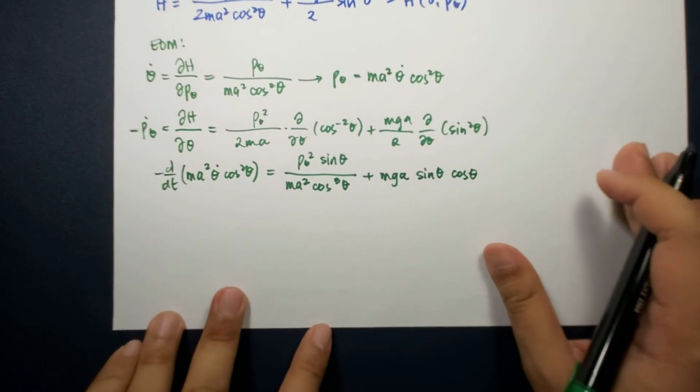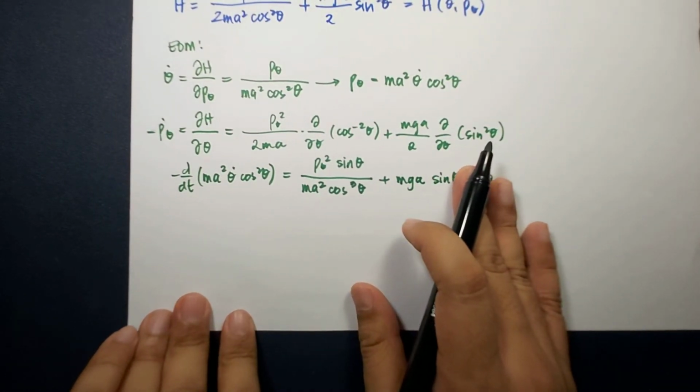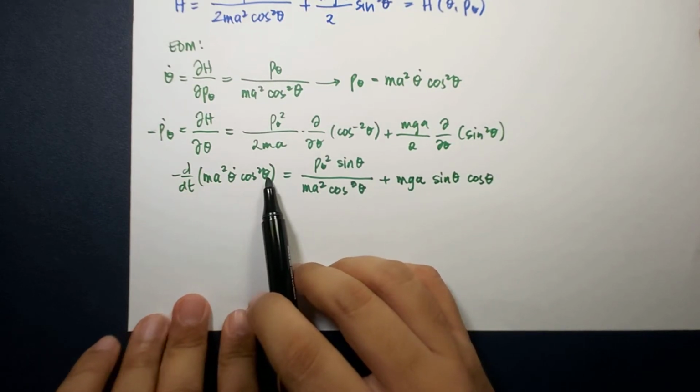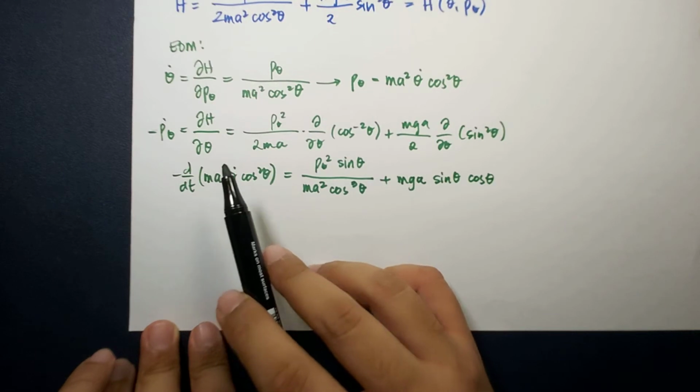Okay, this one is now equal to, because theta dot and theta are both functions of time, so we use product rule and then chain rule.